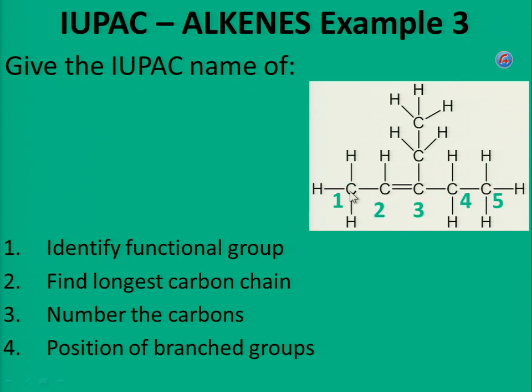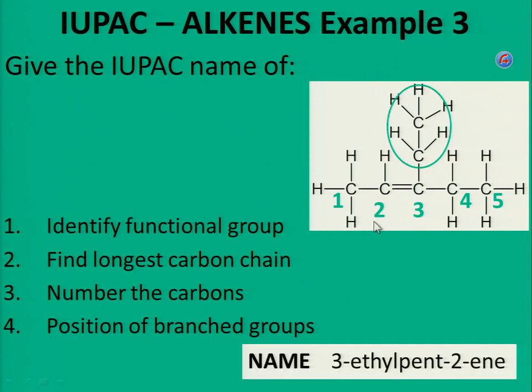Number the carbons. 1, 2, 3, 4, 5. And now you identify the position of the double bond and the branch. You have a branch at carbon 3 with 2 carbons, therefore ethyl. And you have a double bond at carbon 2, therefore 2-ene. So 3-ethyl-pent-2-ene.